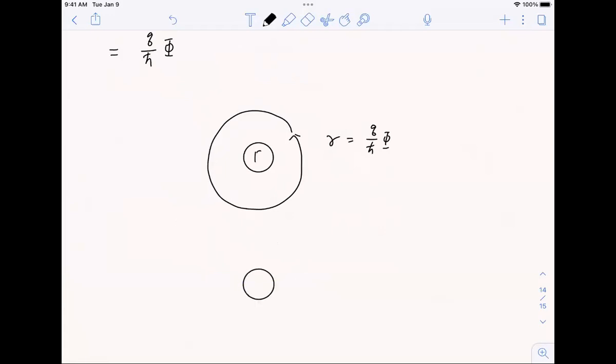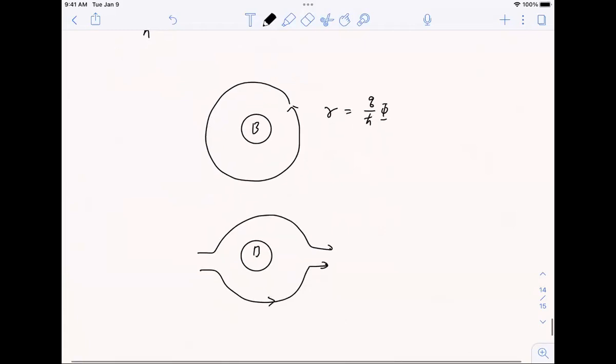Suppose now you do the experiment. This is the B field. You go one round like this, and you go another round like this. For this one, it's going in the same direction, so you will pick up 1/2. And for the other one, it's going in the opposite direction, so you will pick up a negative 1/2.